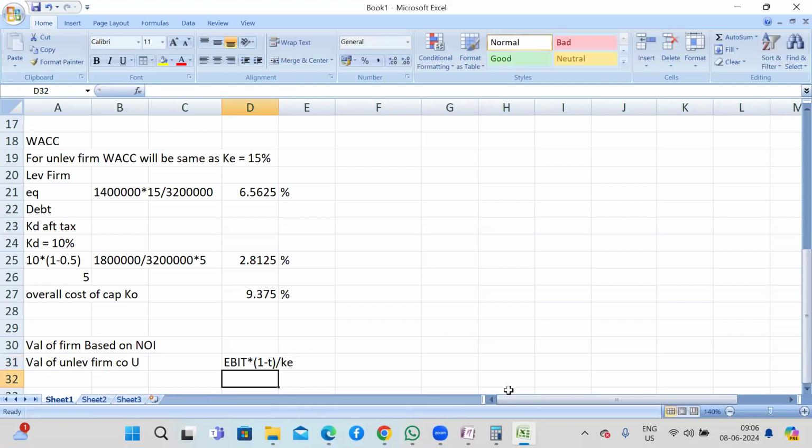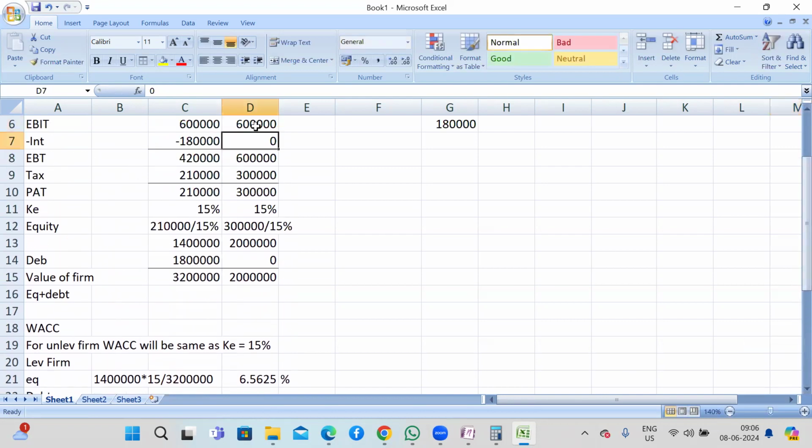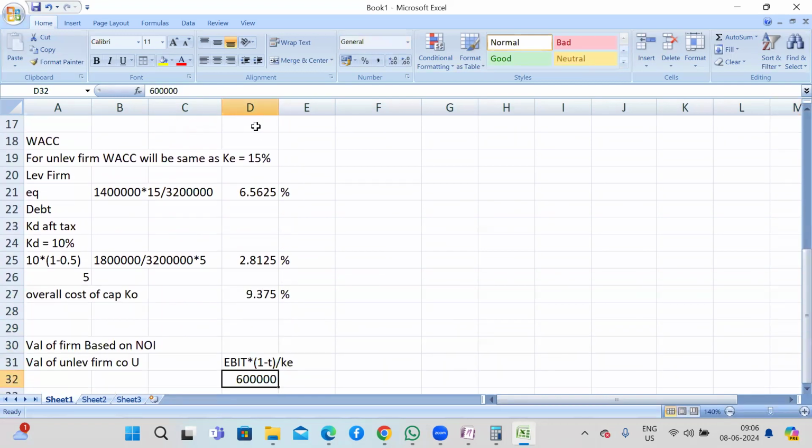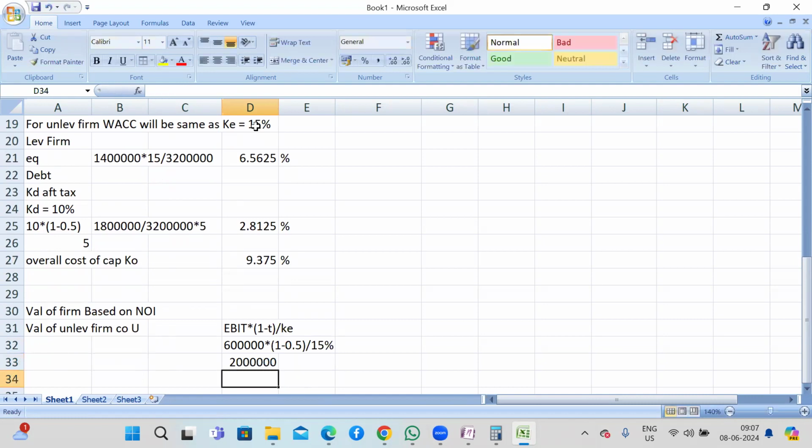So EBIT is 6 lakhs, right? That is before taxes. That is unlevered company EBIT. Already here we have that is 6 lakhs into 1 minus 0.5 divided by KE, which is 15%. So I will be getting 20 lakhs for unlevered firm.